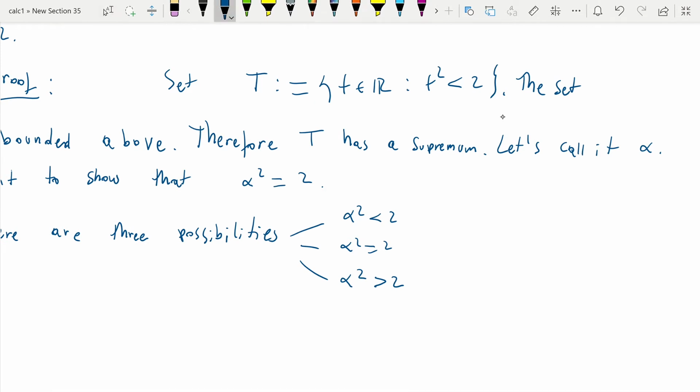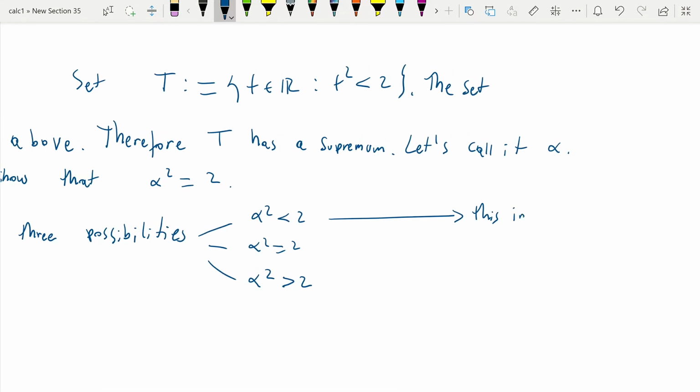And what we'll show is that the first would imply alpha is not an upper bound.